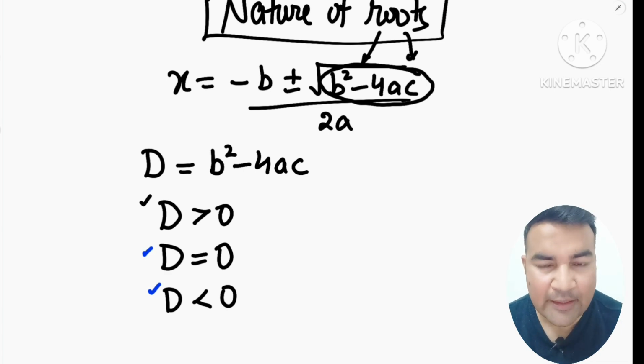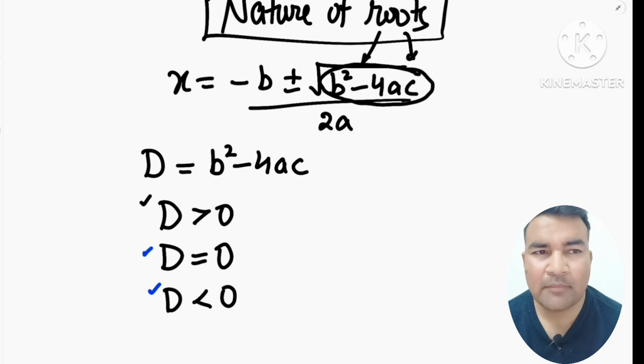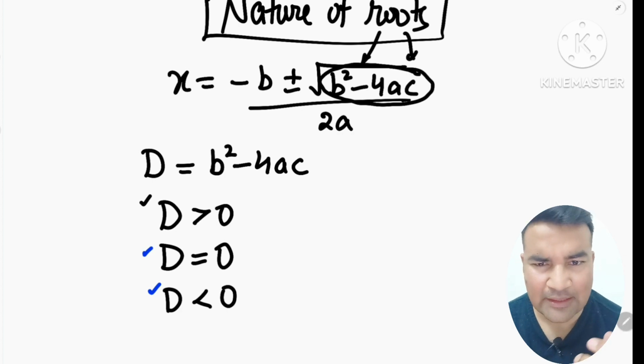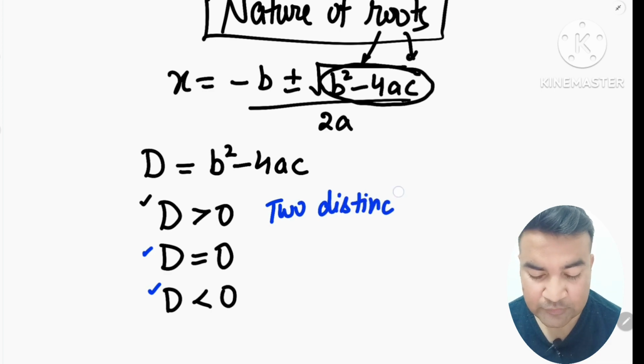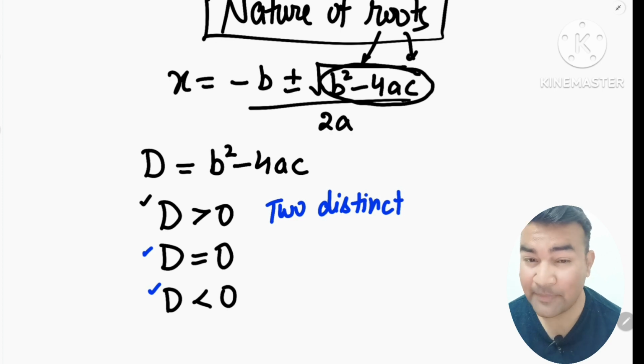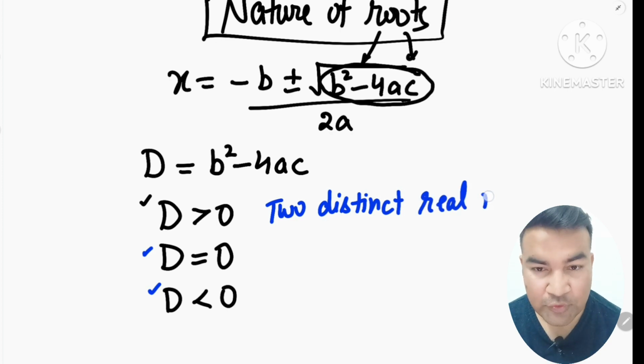Now listen carefully. If your D is greater than 0, maybe 10, 15, 17, any number, then you will have two distinct, meaning different, real numbers.